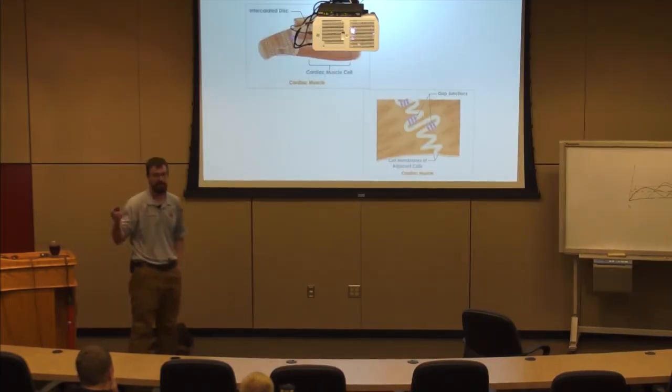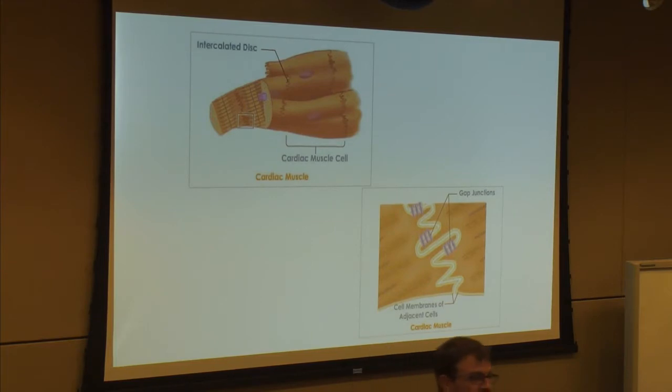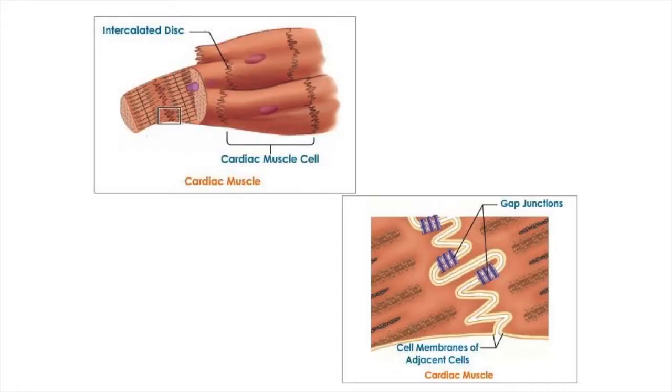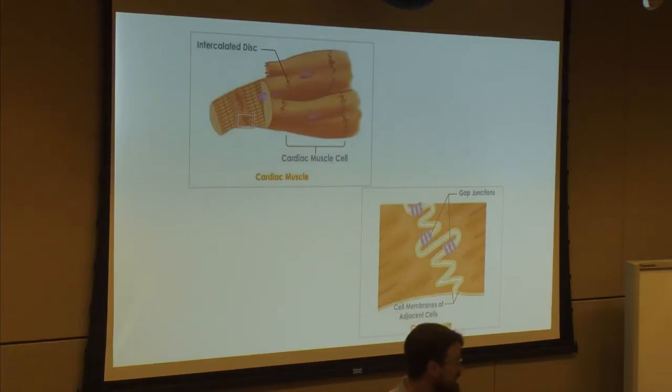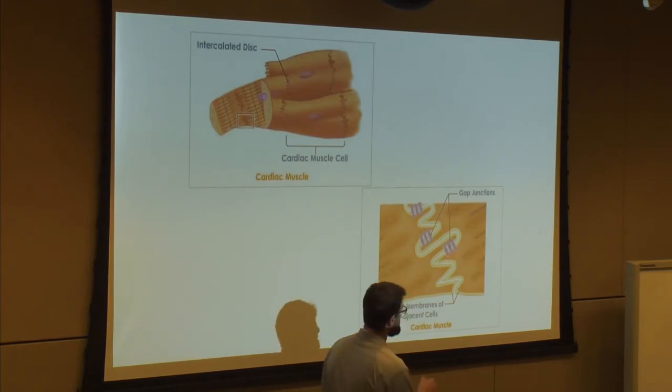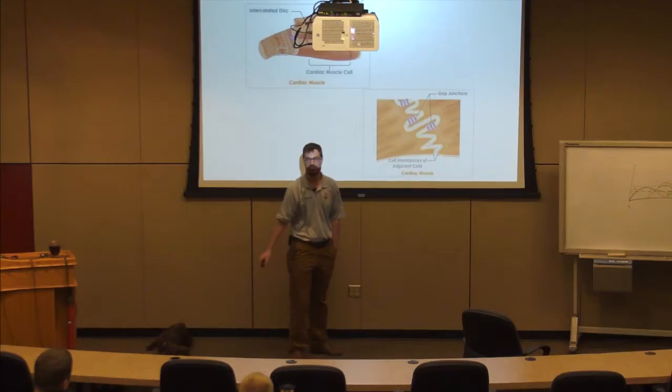That cell, or that signal, is subsequently passed from cell to cell, right, through what we call these intercalated discs and the gap junctions in between. So if I flood sodium into this cell, how do I make it trigger the next cell? If this cell has an event of depolarization, how do I make sure that the subsequent cell next to it also depolarizes? And I do this through these gap junctions. And they allow for passive flow of ions from one cell to the next.